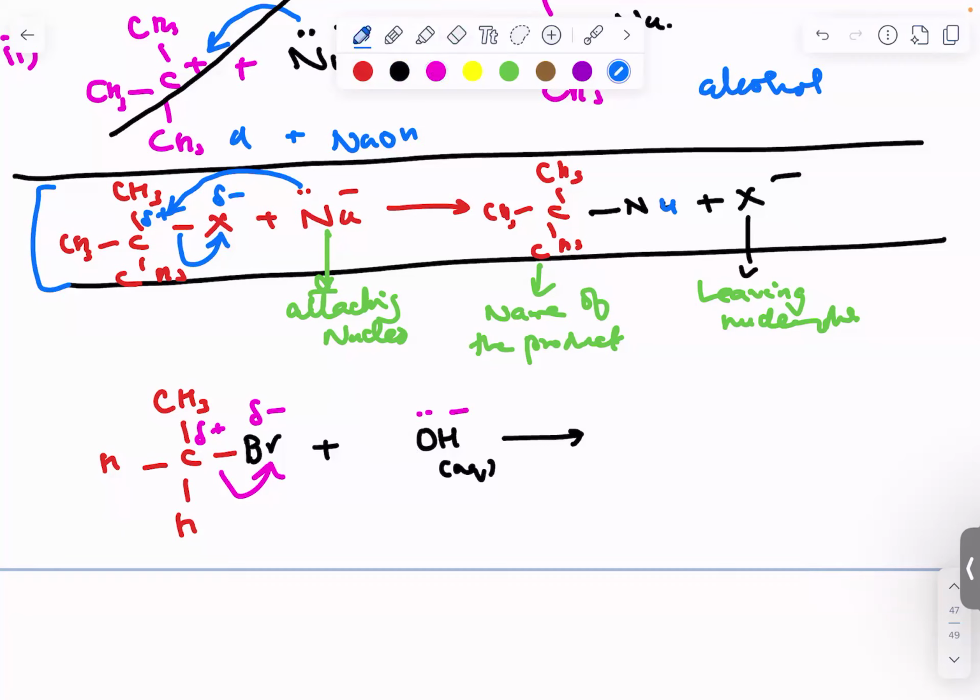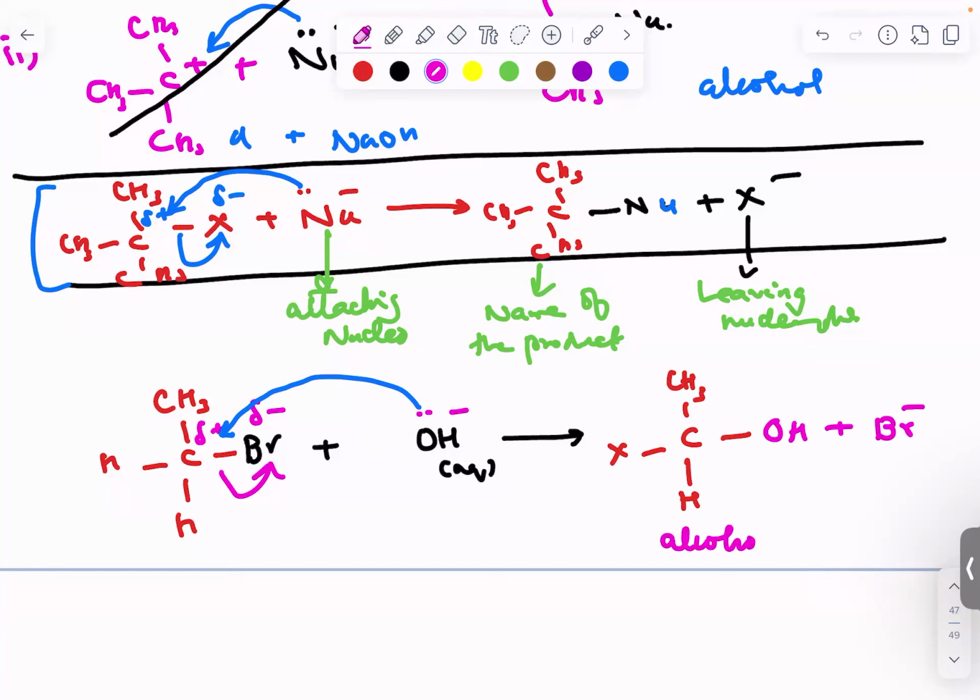Now, this lone pair will attack on this electrophilic carbon atom, and we are going to get CH3CH2OH, plus Br negative. And what we have formed is an alcohol. So halogenoalkane can be easily converted into alcohol by using sodium hydroxide.